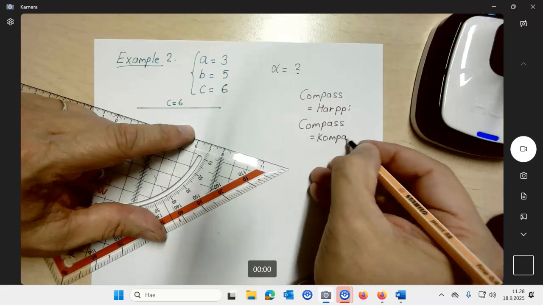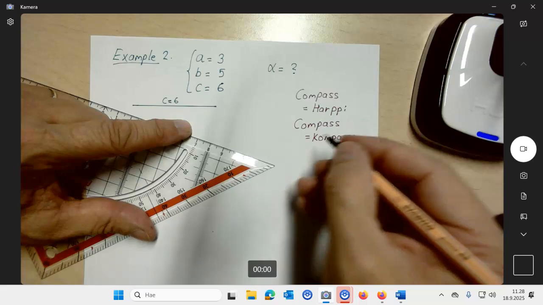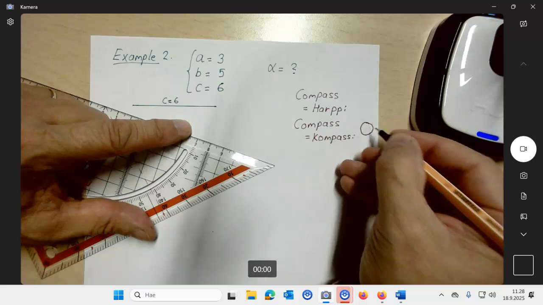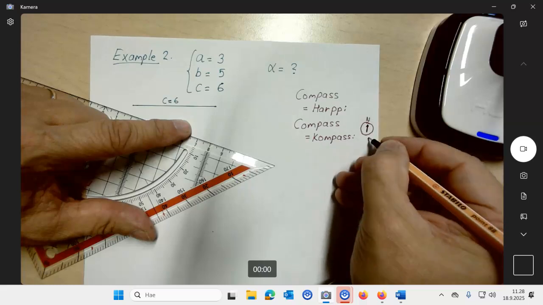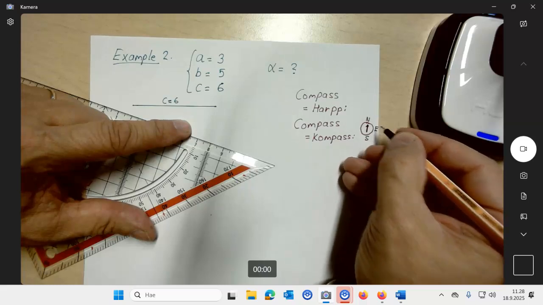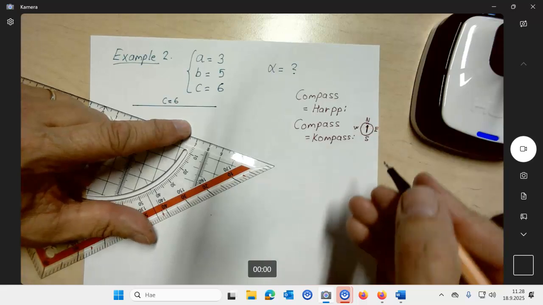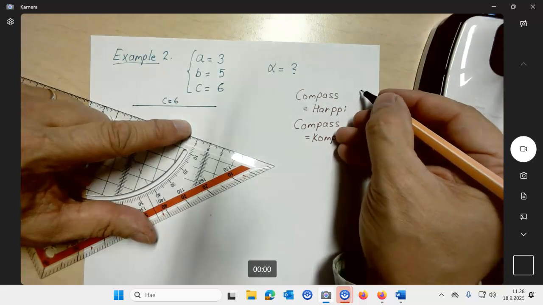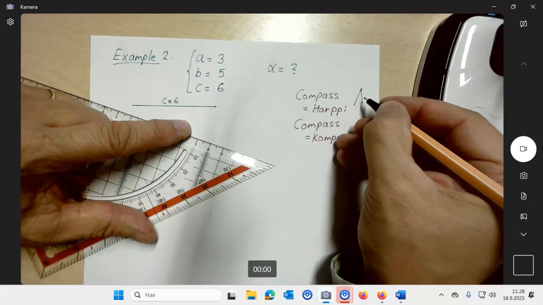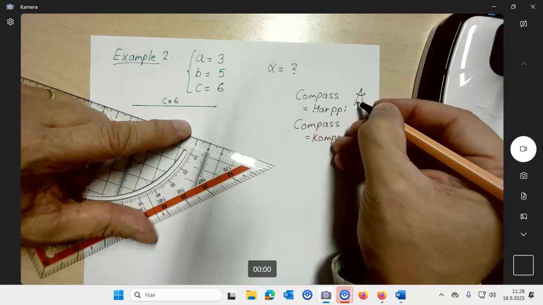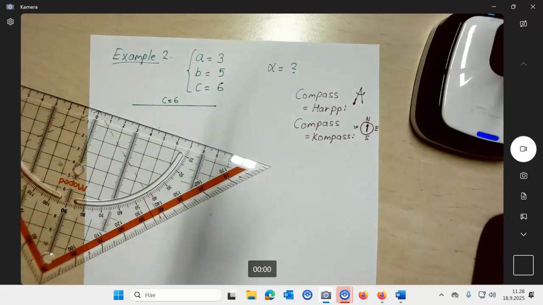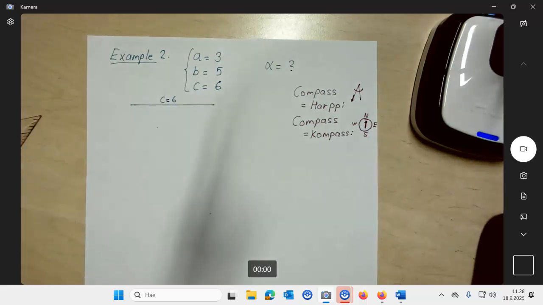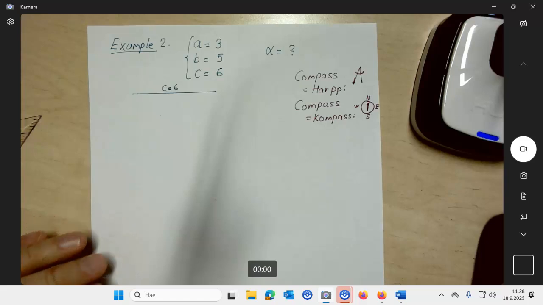This compass I mean is this kind of device where there are north, south, east, west. And this is how you draw it. Something like this. I'm not an architect, I'm only a mathematics teacher.